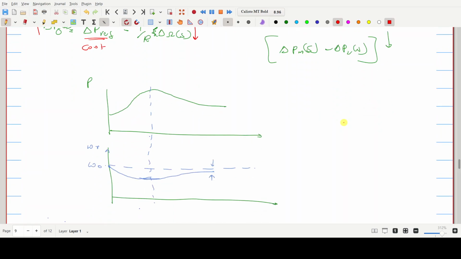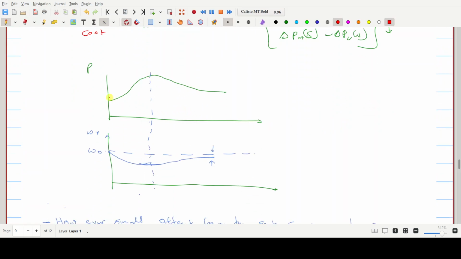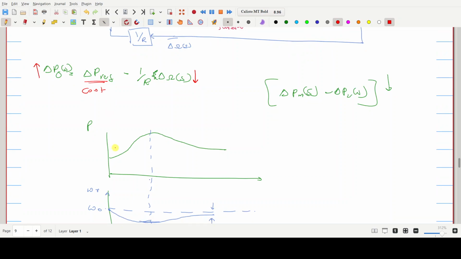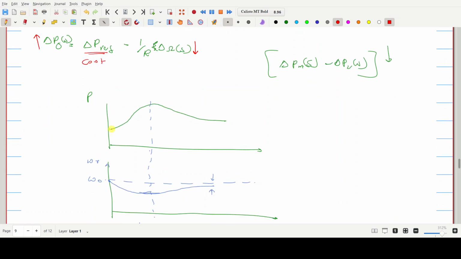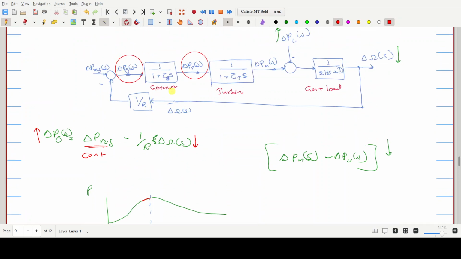So then what will happen is, when there is a change in the active power demand, if there's an increase in the active power demand, the speed of the generator goes down. We are looking at a single generator connected to the load here. And then the governor mechanism kicks in, trying to compensate.